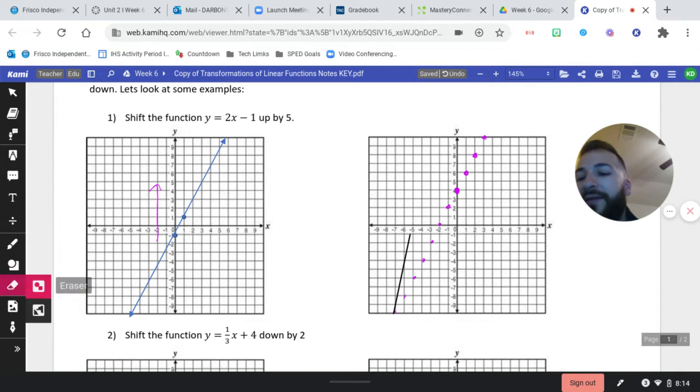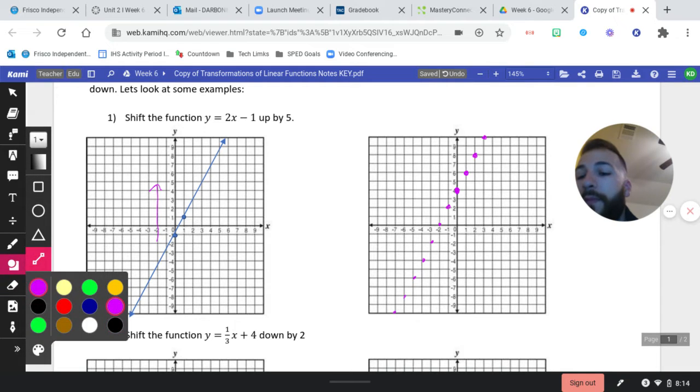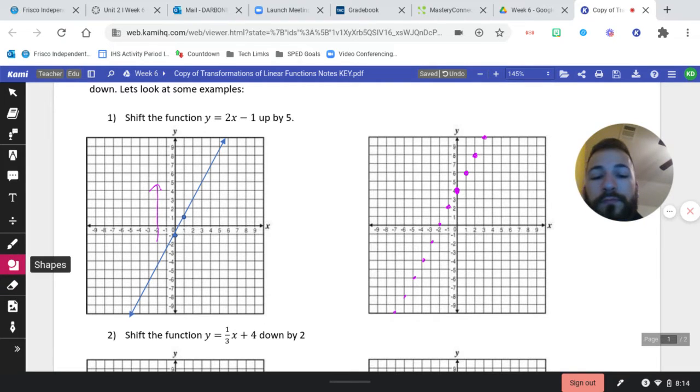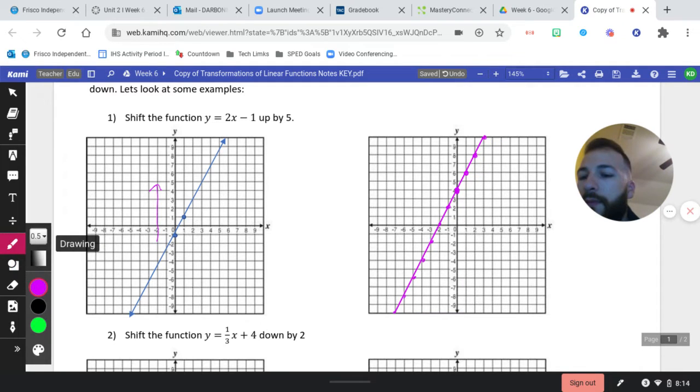Oop, not black. We want our purple. As you can see, the slope, or the steepness of the line, is the same. The only thing that I shifted up is the y-intercept, or essentially I shifted all of the points up.